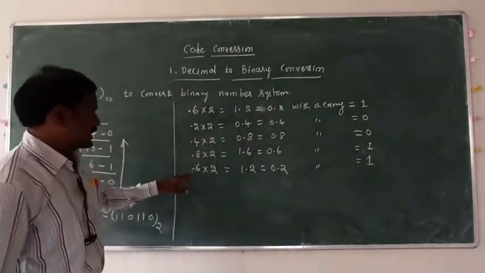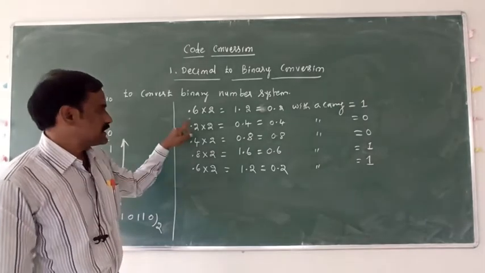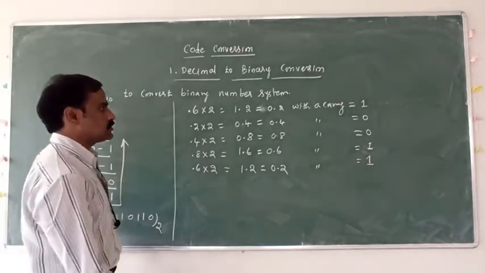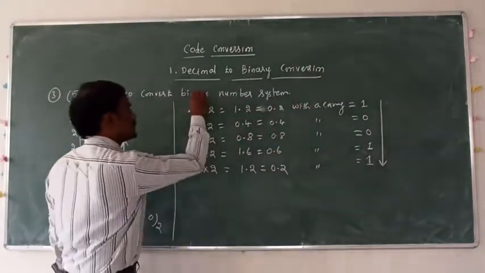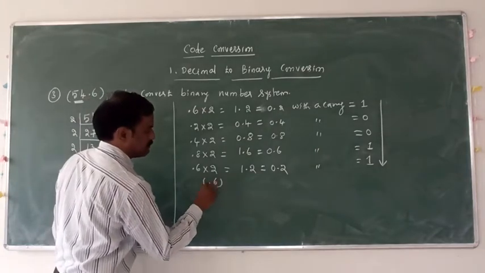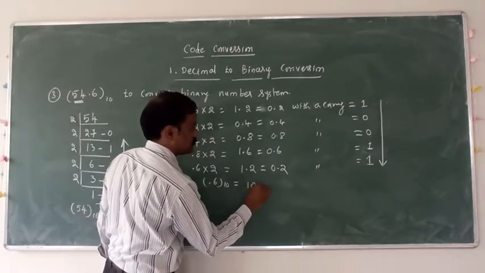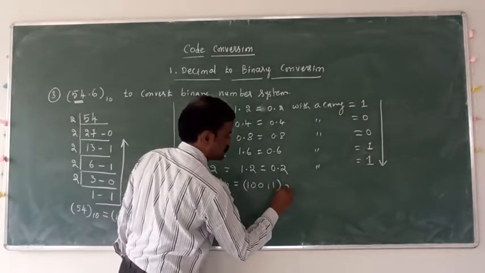Here 0.6 is the same number repetition, so we can stop the process here itself. Now how to write the result? Top to down. That is 0.6 base 10 equal to 1 0 0 1 1 base 2.